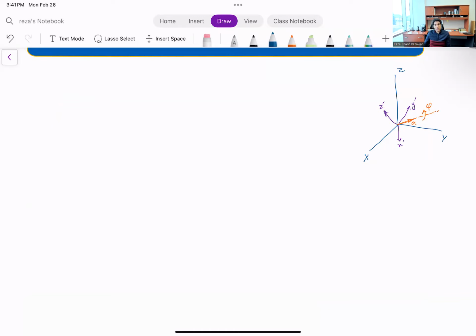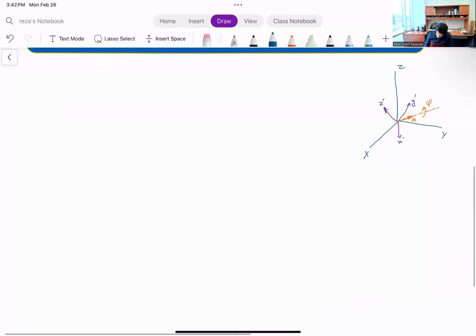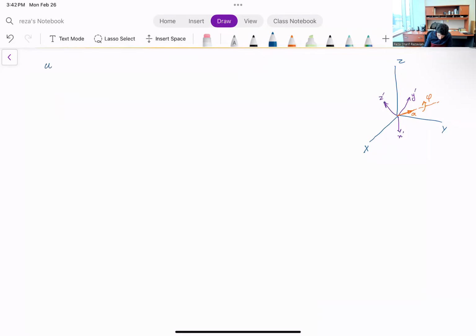So at this instant the frame has already rotated some angle phi about some axis A, and the frame is continuing to rotate, so it has some angular velocity. The angular velocity of the frame that we are considering is, as before, omega x in i plus omega y in j plus omega z in k.